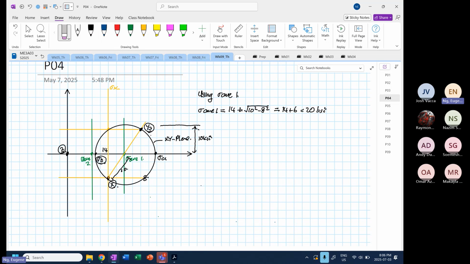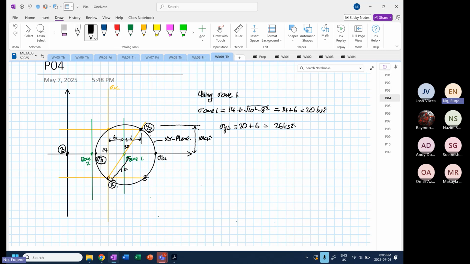So if we were to calculate what is our Y3, Y3 now will be equal to, we know that this is 20, right? And we know the distance from here to here is 6. Y3 is equal to 20 plus 6, which is equal to 26 KSI.